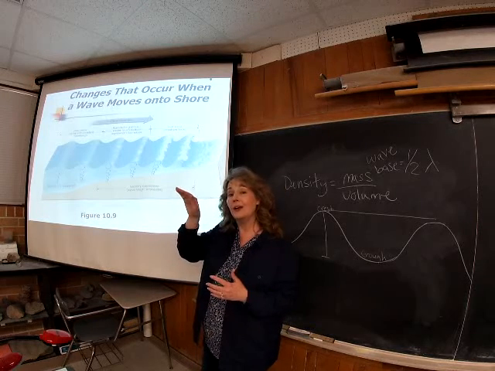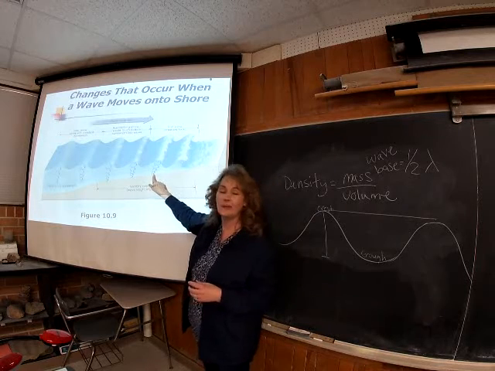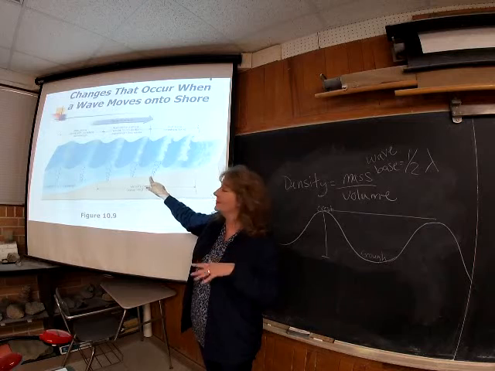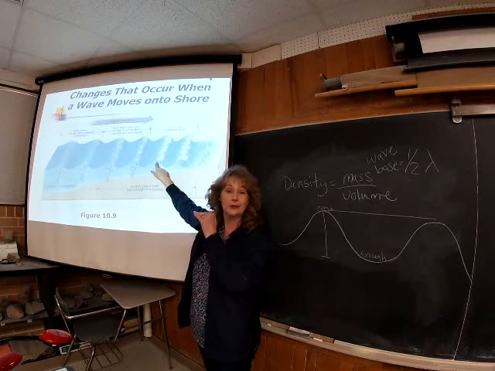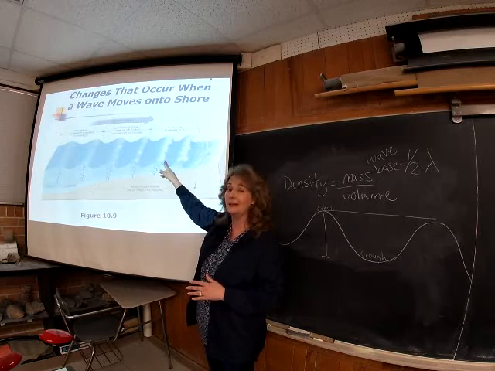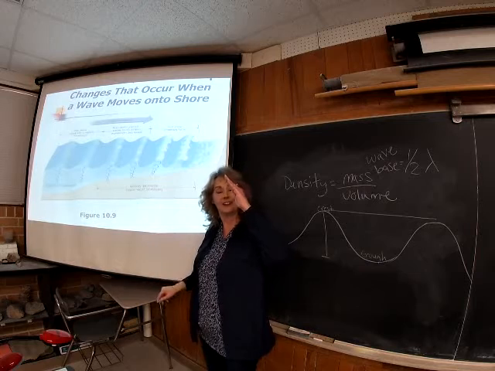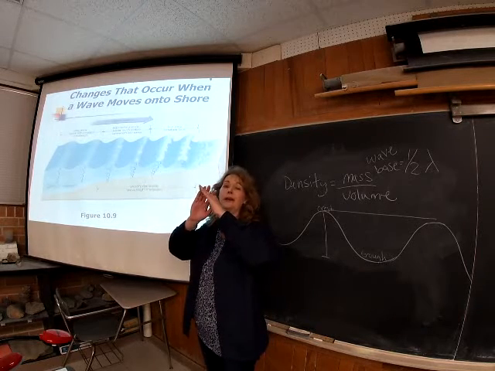And it's like your wave is falling forward a bit. The bottom part of the wave is getting a lot of friction, so it's slowing down. But the top part of the wave is going unimpeded, so it's going at its same speed. This part's getting slowed down, and so your wave starts to lean and fall. Eventually it gets way too top heavy.